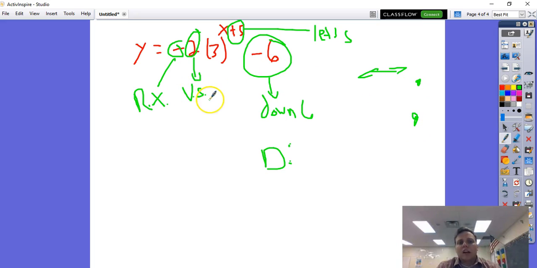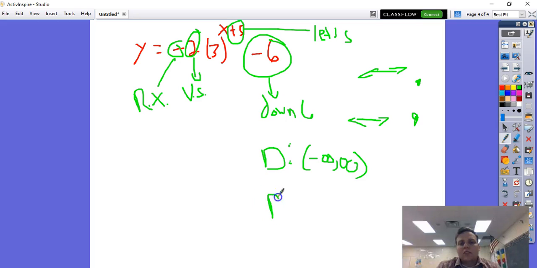A vertical stretch? No. Moving down 6? We take the left to right line and move it down 6. No. Left 5? If you're already going forever to the left and forever to the right, does going to the left 5 more affect anything? No, it does not affect your domain. So your domain is still negative infinity to positive infinity.